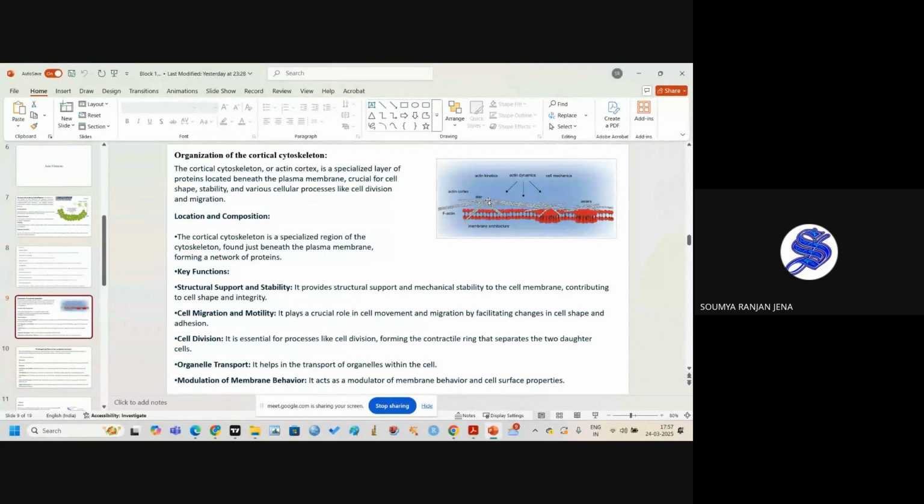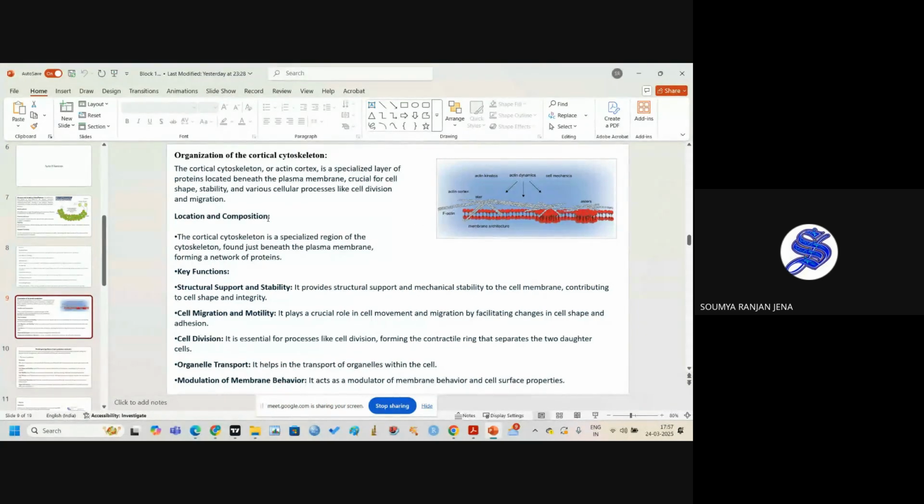It is required for cell shape because it is found beneath the plasma membrane to hold the plasma membrane in a particular shape of these eukaryotic cells, and for stability and various cellular processes like cell division and migration. For migration, this actin filament is also required.